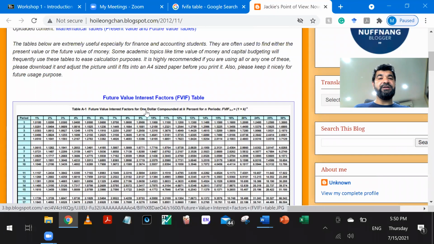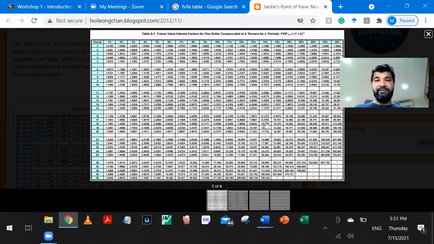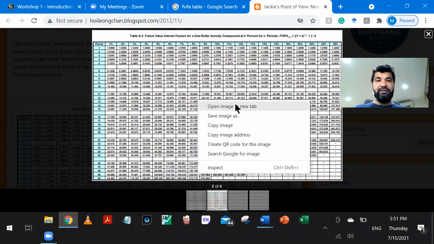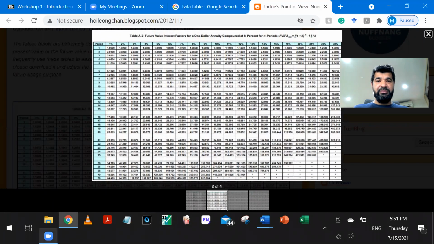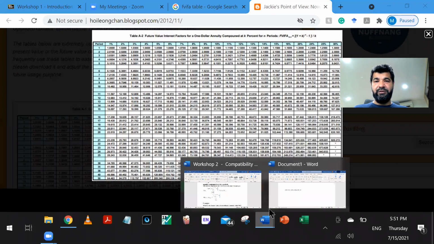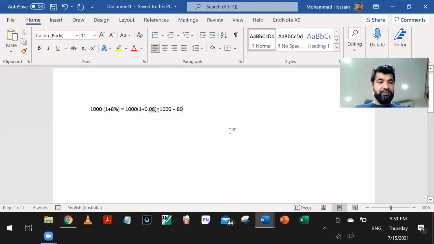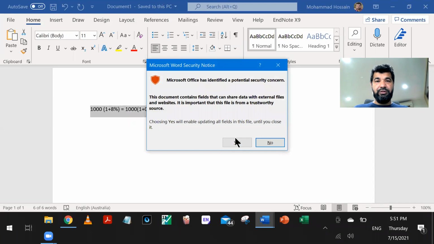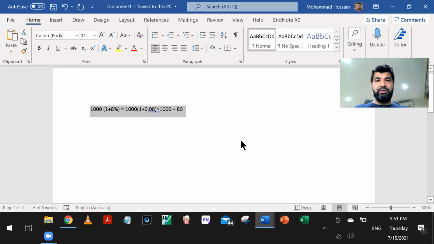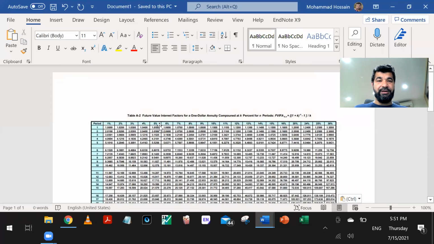Present value interest factor of $1 compounded. So this is not the annuity one. See, this is not the annuity one. Make it bigger. Thank you.